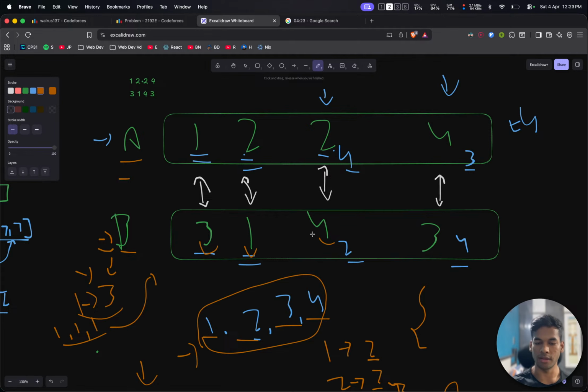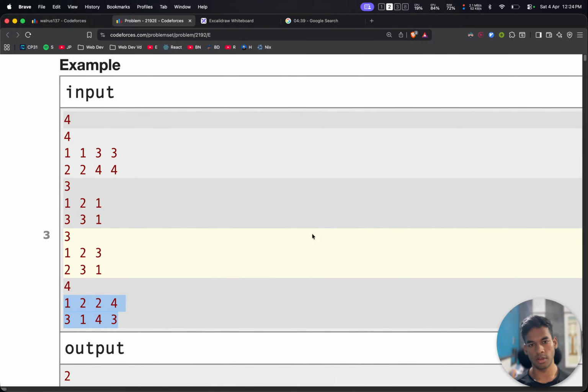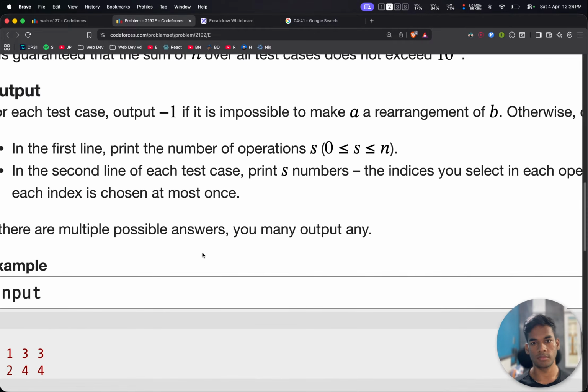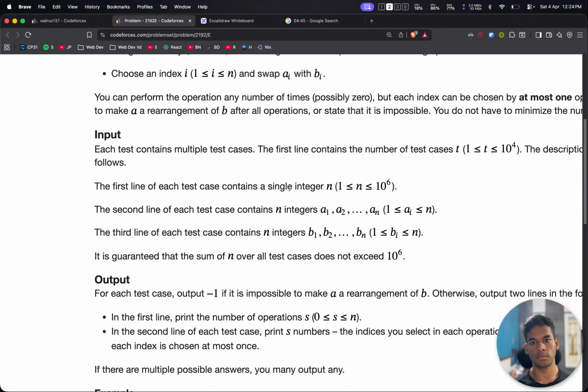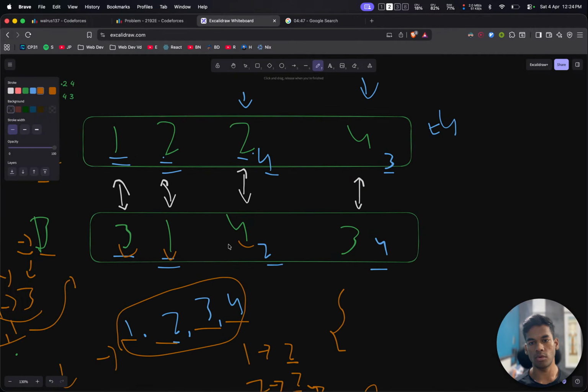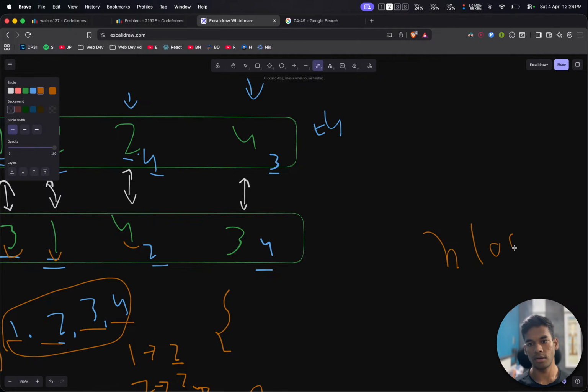After making sure of that, we have to make sure we can equally swap things. I guess we can simulate this. Ten power 6, we can go n log n.